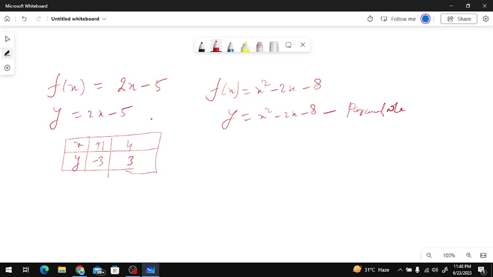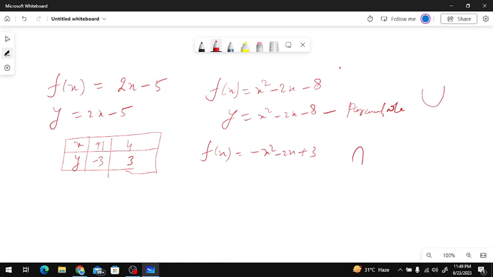And the same if you write here f(x) equal to, if you are putting a negative value of a, like minus x square minus 2x plus 3, your graph will look like this, because a is less than 1.